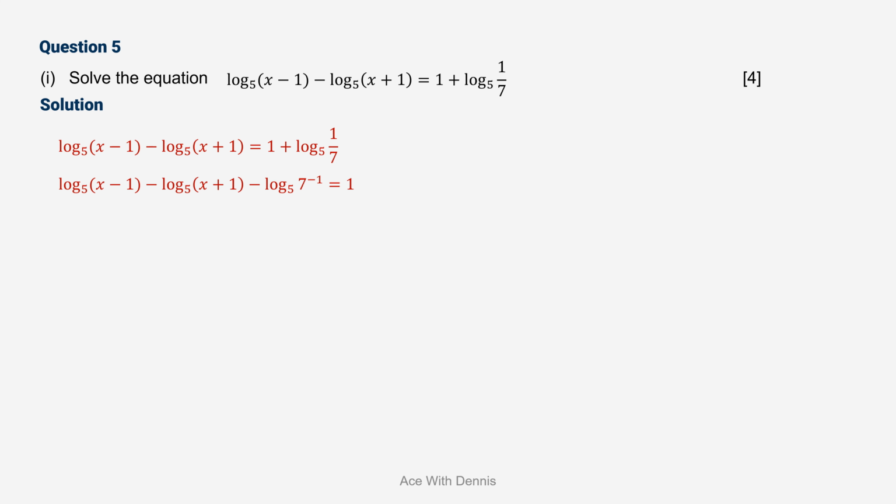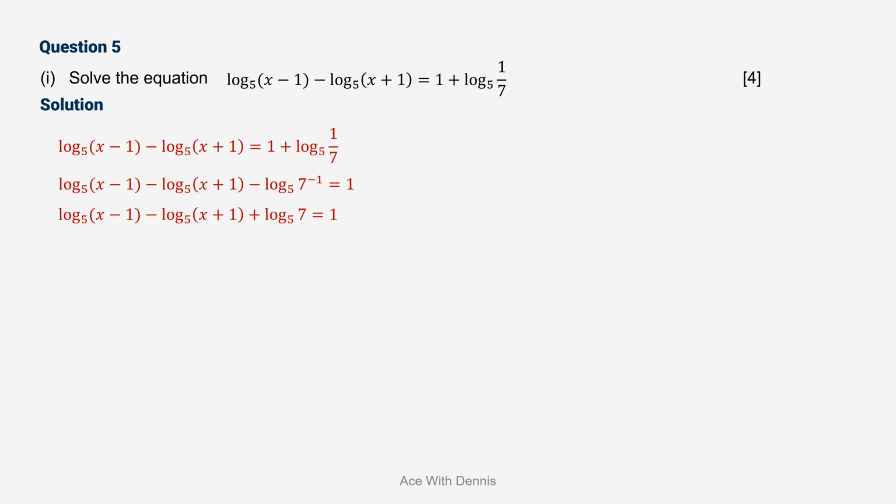Log base 5 of (x minus 1) minus log base 5 of (x plus 1) minus log base 5 of 7 to the power of negative 1 equals 1. Remember, 1 over 7 in indices form is 7 to the power of negative 1. From here, the power negative 1 can be brought to the front, and the equation becomes log base 5 of (x minus 1) minus log base 5 of (x plus 1).